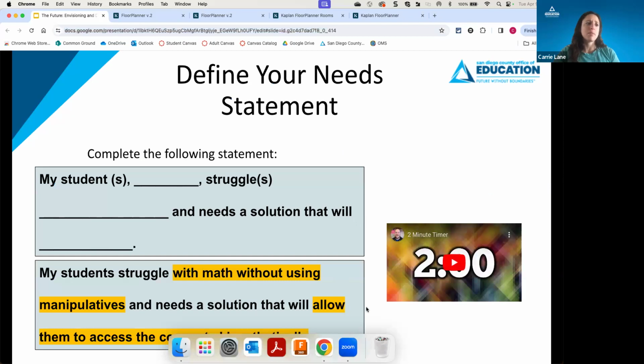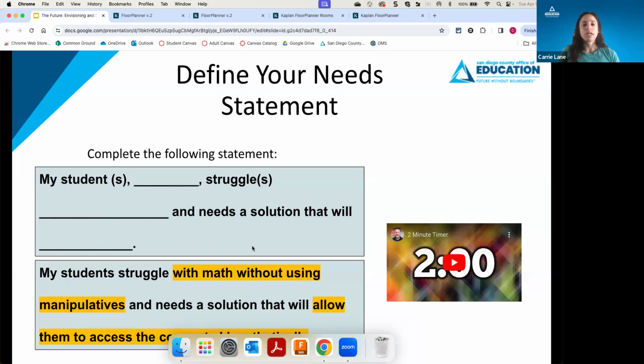This is just a sample of the define statement, and it can really vary. I put in here, my student or students struggle with blank and need a solution that will blank.